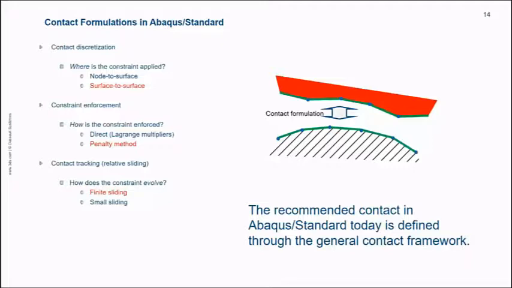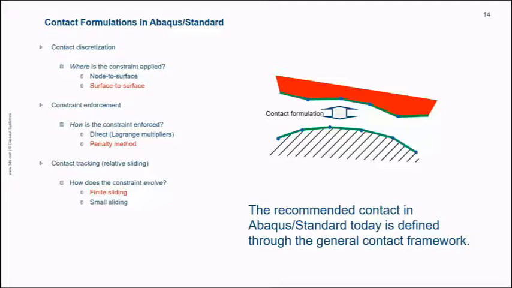Surface to surface is a more elaborate, smeared, average type constraint. We have constraint enforcement that we need to define, and we have two main kinds. There's a direct method achieved with adding extra variables to the model called Lagrange multipliers.